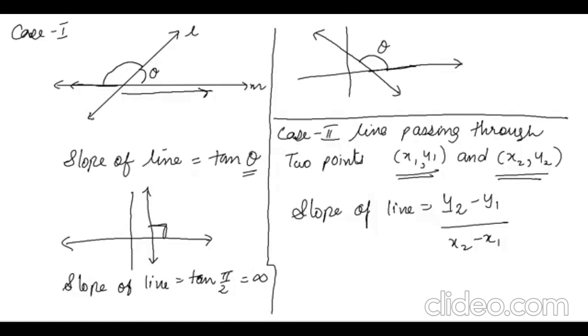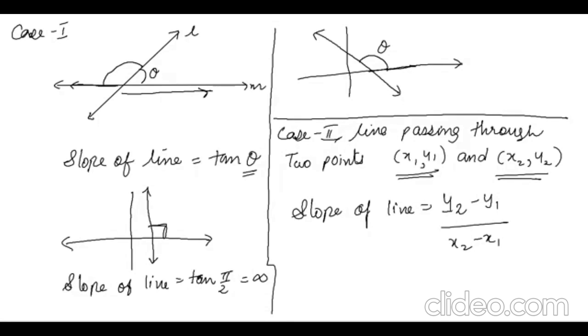Both of them have different conditions. If the angle of inclination is given, then you will apply the formula tan theta, whereas if the two passing points are given, then you can apply this formula y2 minus y1 upon x2 minus x1. This will give you the slope of a line.